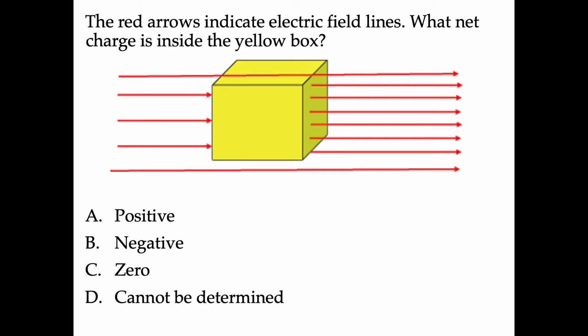They got two, this one and another poll question. So the red arrows indicate the electric field lines. What can you say about the net charge inside the box?